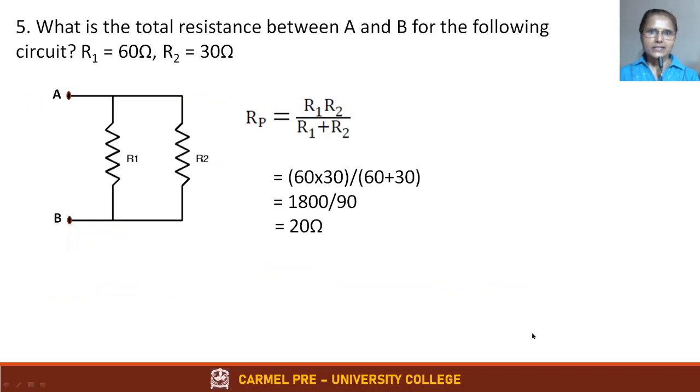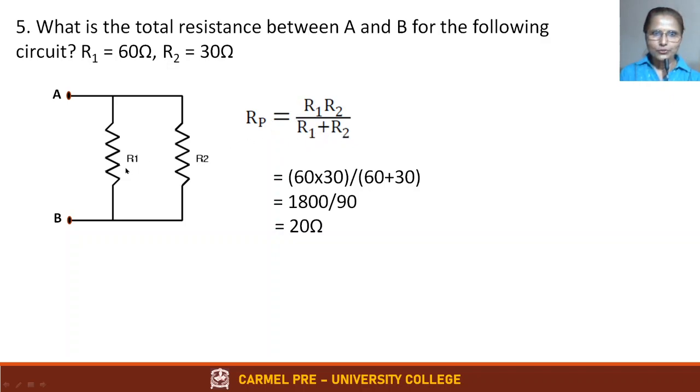Okay, next problem. What is the total resistance between A and B for this circuit? Given R1 60 ohms, R2 30 ohms. First of all, you should understand how the connections of the resistors are. In this case, they are connected in parallel. Correct? So when they are connected in parallel, what is the equation? The equation is R1 R2 divided by R1 plus R2.